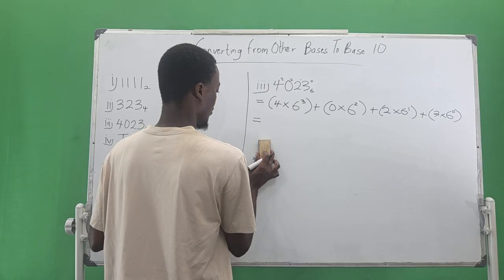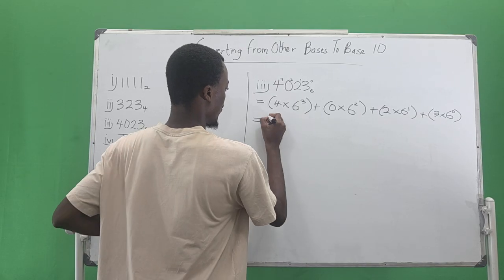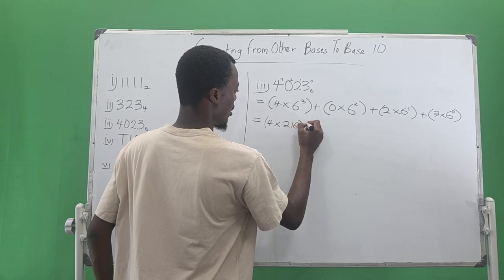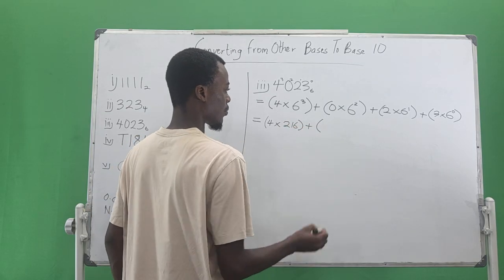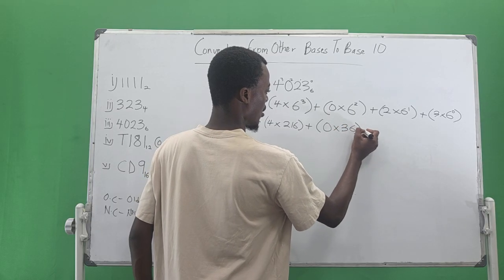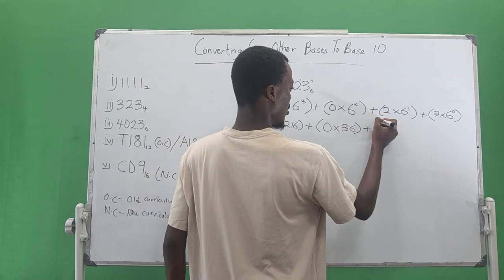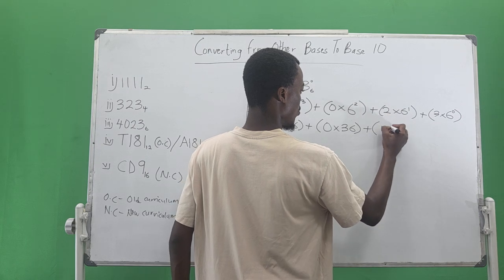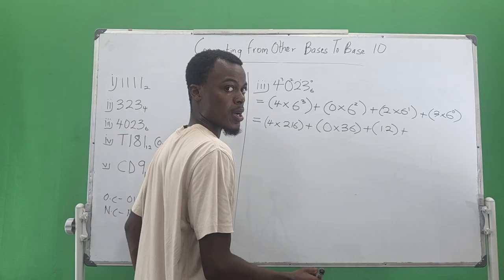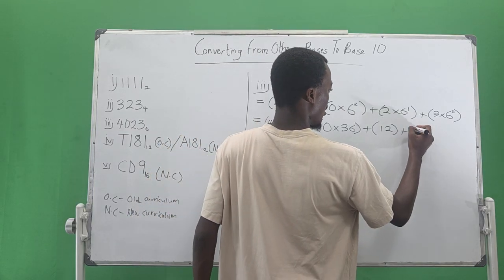So you have what? You have 4 times what? 216 plus what? 0 times 36 plus 2 times 6 is what? 12 plus 3 times 6 exponent 0 is 1. So now 3 times 1 is what? 3.